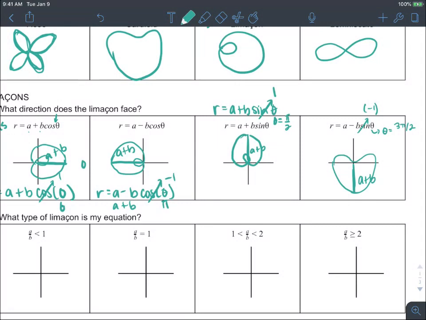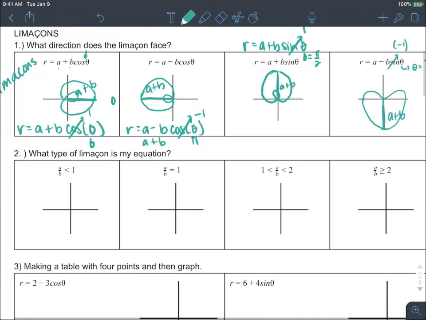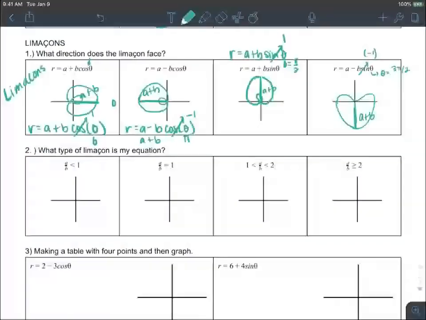We can also tell what types of limaçons we have by, again, the structure of the equation.